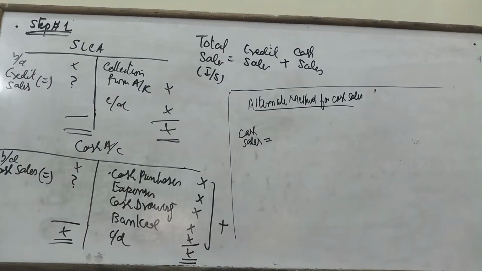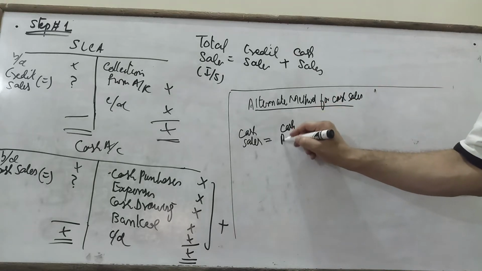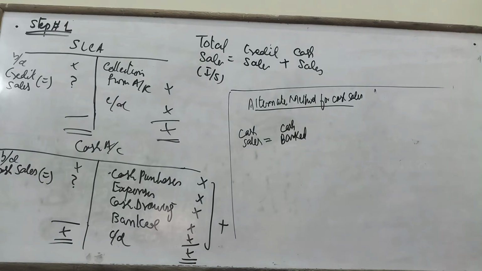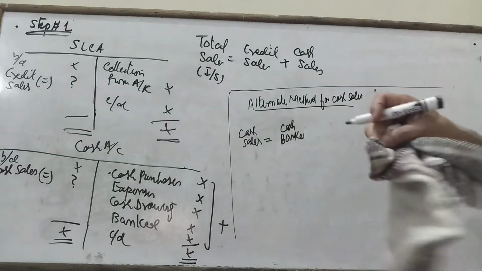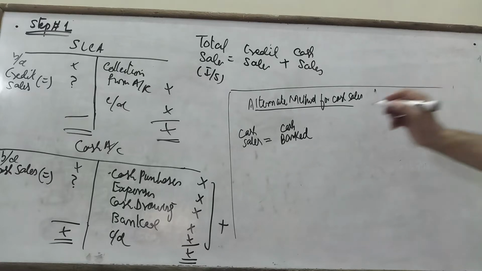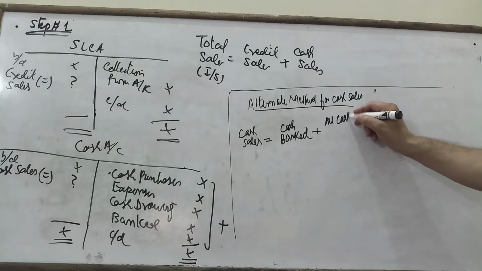Cash sales equals cash banked, which means cash which you have deposited into the bank account, plus all cash payments.